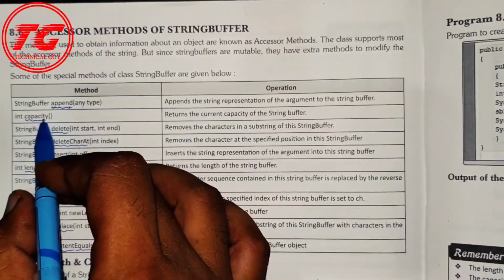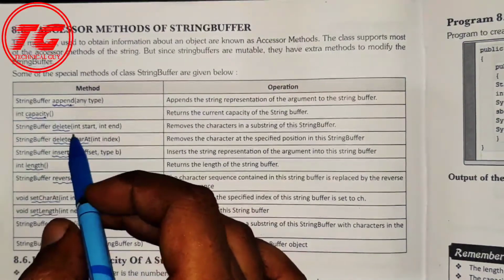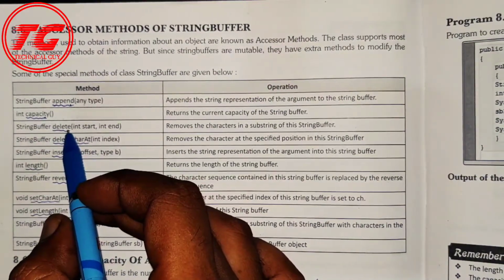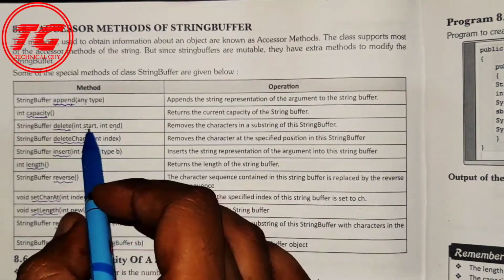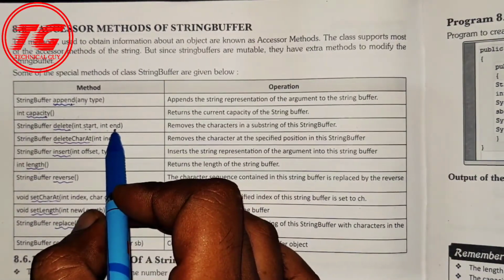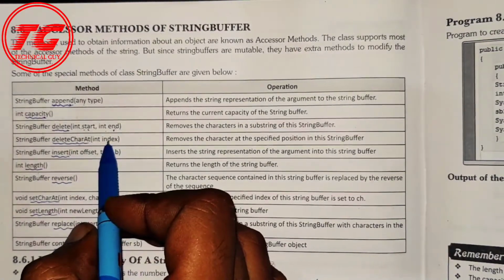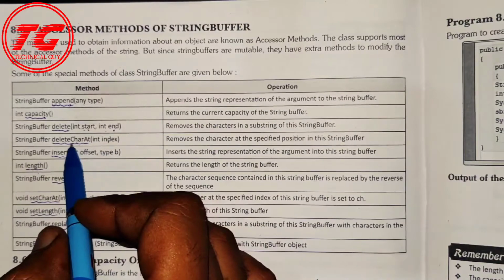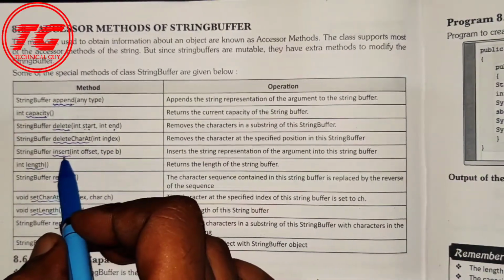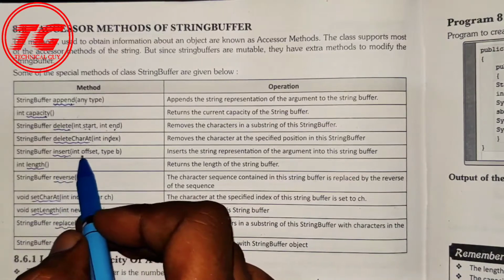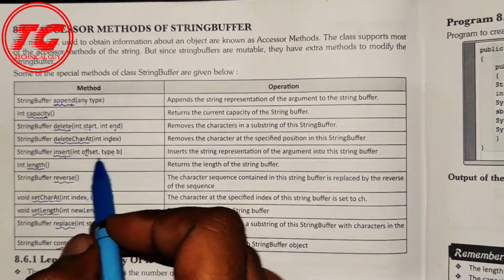Similarly, we have the capacity method to see the capacity of the string buffer. You have the delete method if you want to delete some contents from the buffer, from the starting till the end position. You have the deleteCharAt method, and you can pass an index also, so the character at this index will be deleted. You have the insert method, and here two arguments are there. First is the offset value, which is integer type.